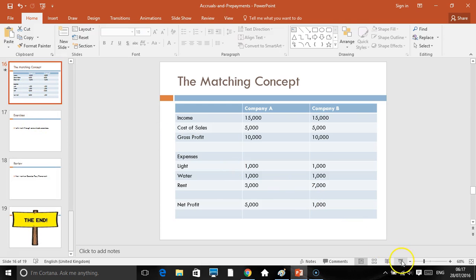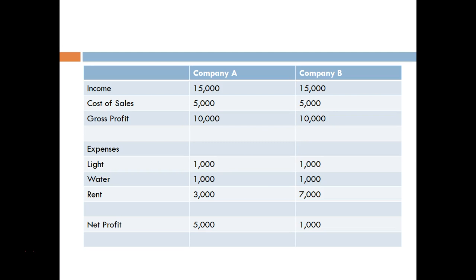So what we have here is a situation where we have exactly the same scenario, the same company, company A and B, exactly the same business environment, both income, both cost of sales, both gross profit, light, 1,000 and 1,000, water. Let's come back to rent.